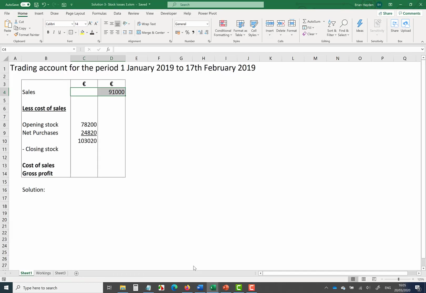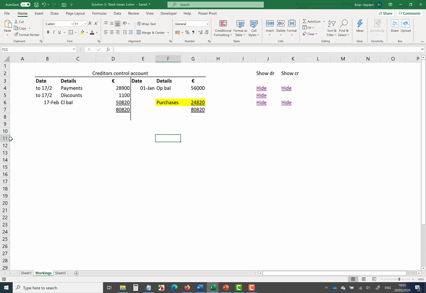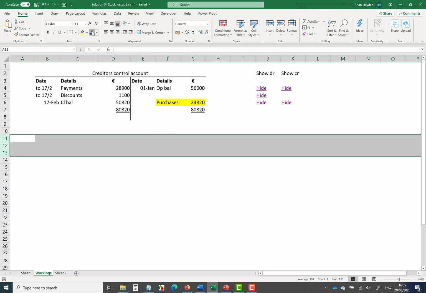So if I go back to my solution, gross margin, gross profit divided by cost is 30 over 100. So let's just have a look at the logic of this. Okay, so gross profit divided by cost is 30 over 100.